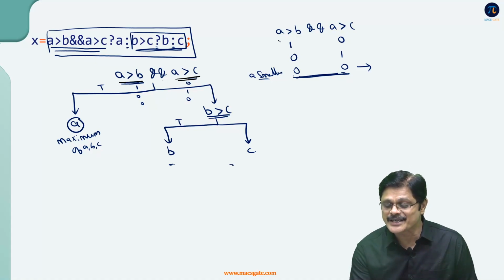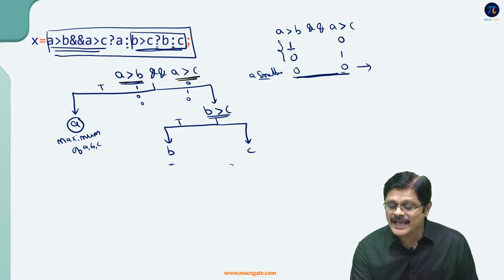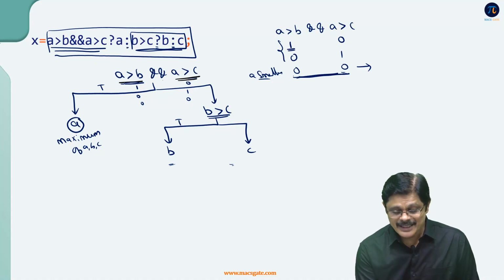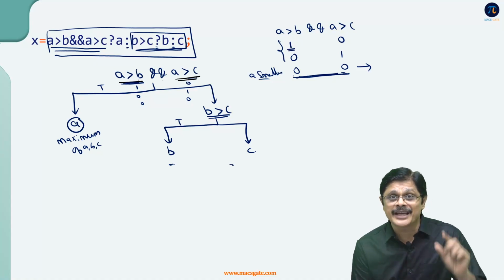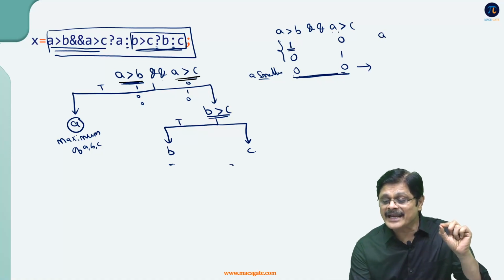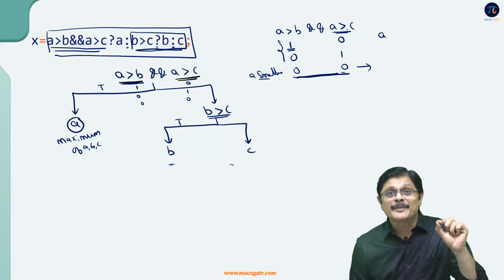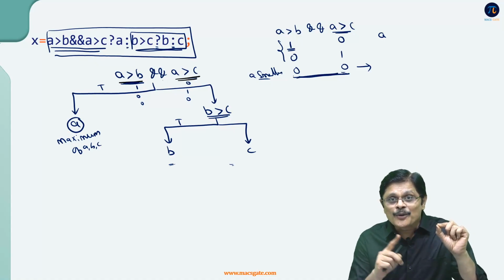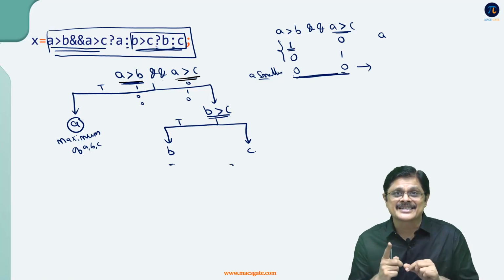Now, let us consider the other two cases. Suppose a greater than b is true, so a is larger so far, but a greater than c is false. That means out of a and b, a is larger, and out of a and c, c is larger.